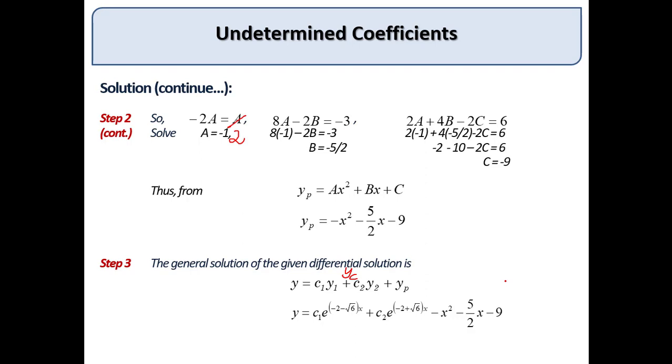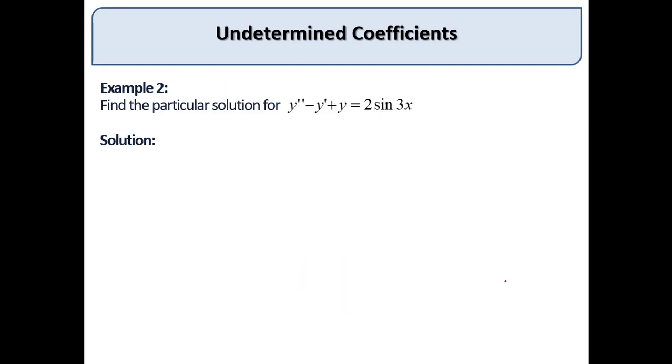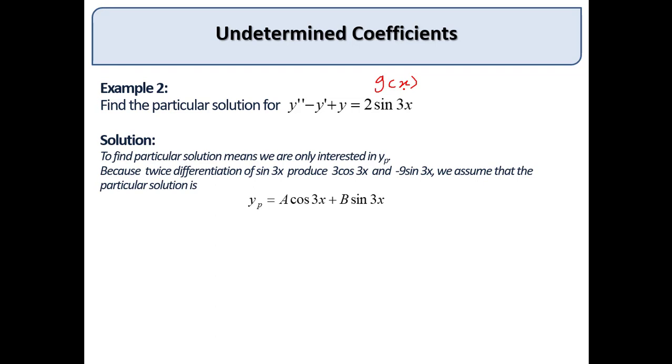Okay, let us look into another example, in which our g(x) is basically a sine function. So how do we assume the solution for yp in this case? First, we notice that our function is a sine or cosine function.